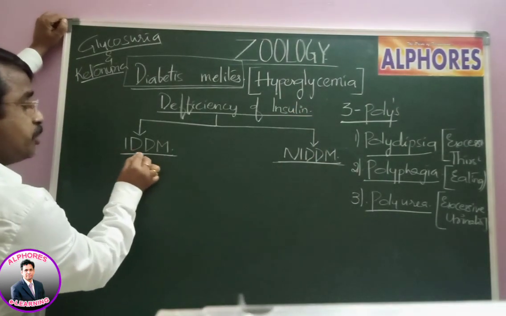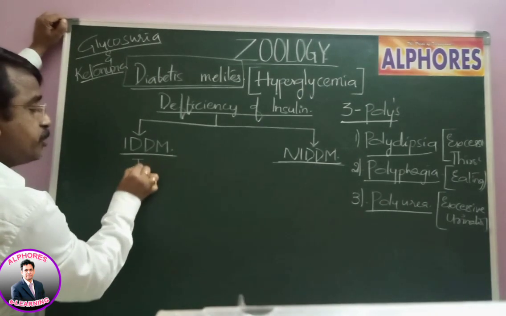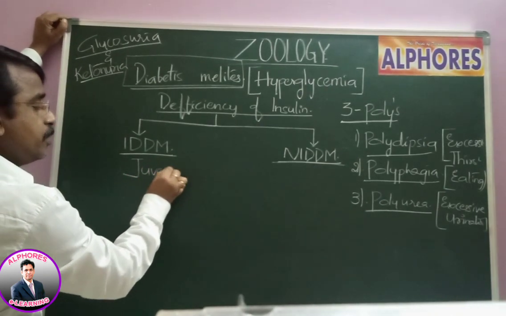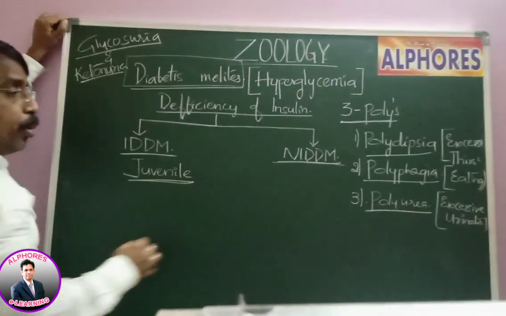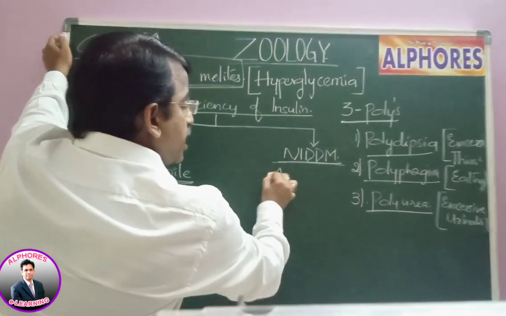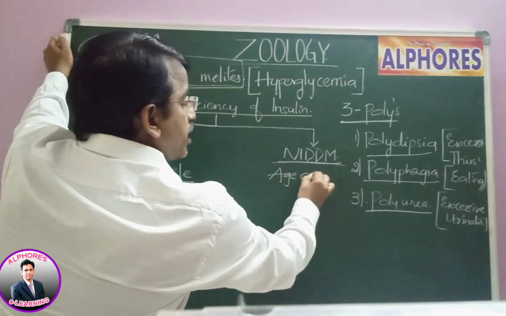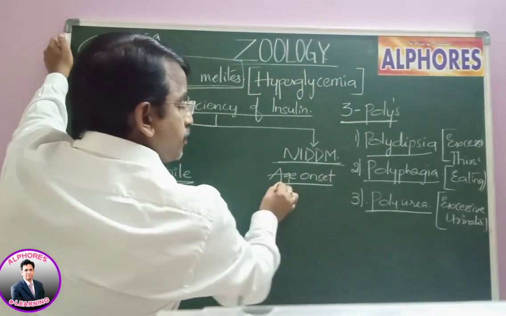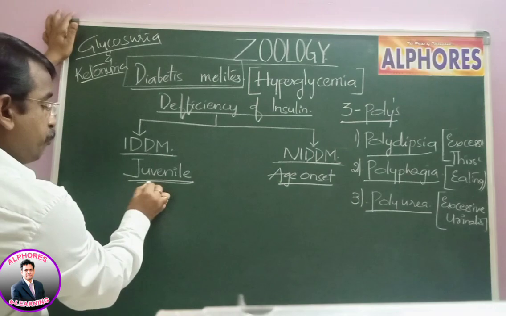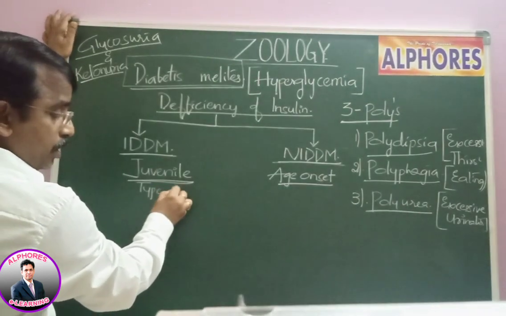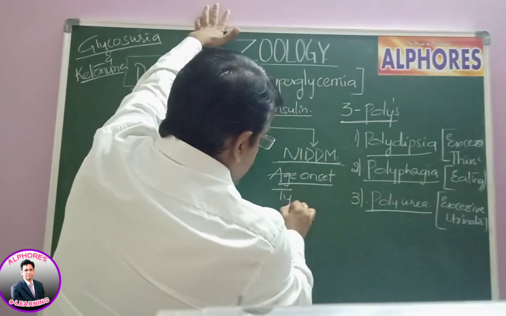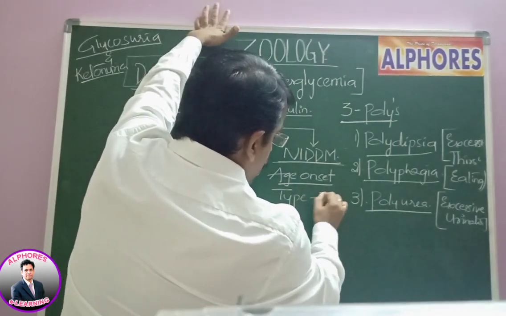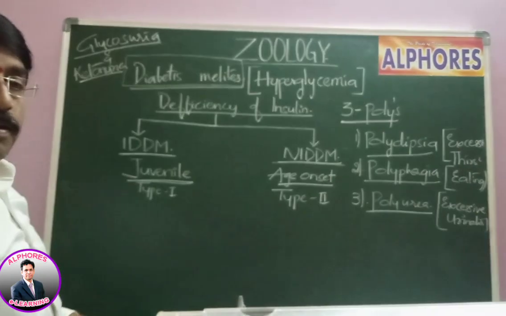Basically, insulin dependent diabetes mellitus is named juvenile diabetes mellitus, whereas the other is said to be age onset. These are type 1 and type 2, which is what we see.